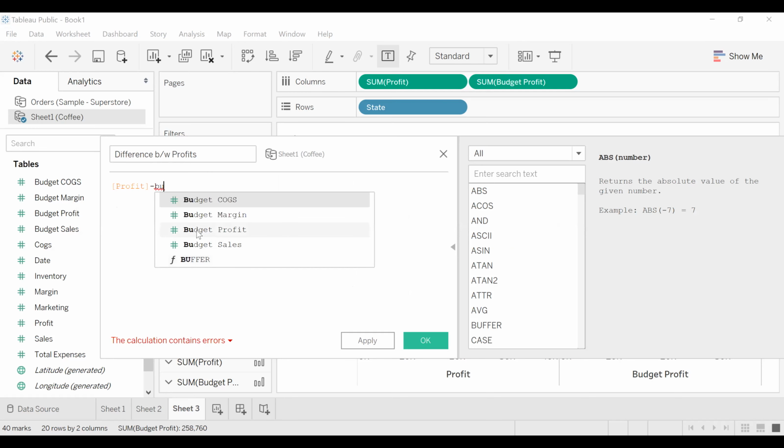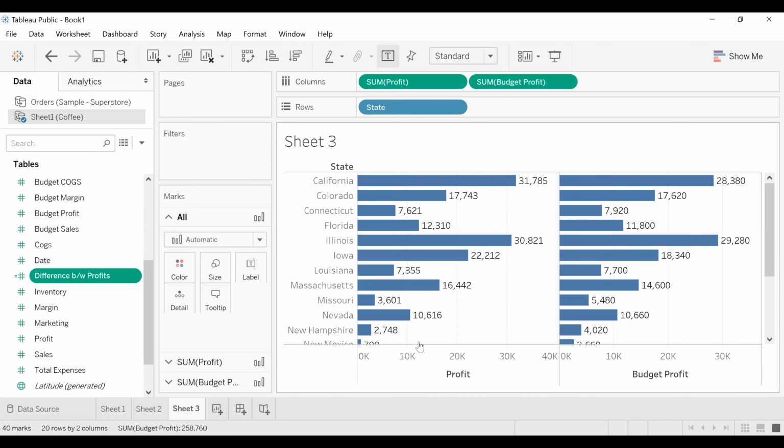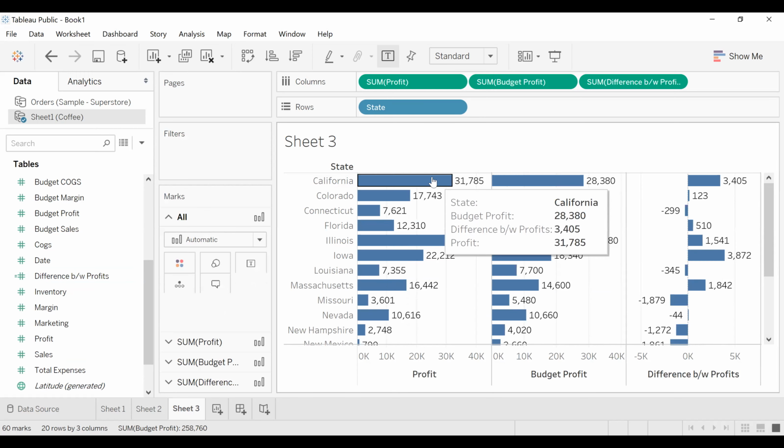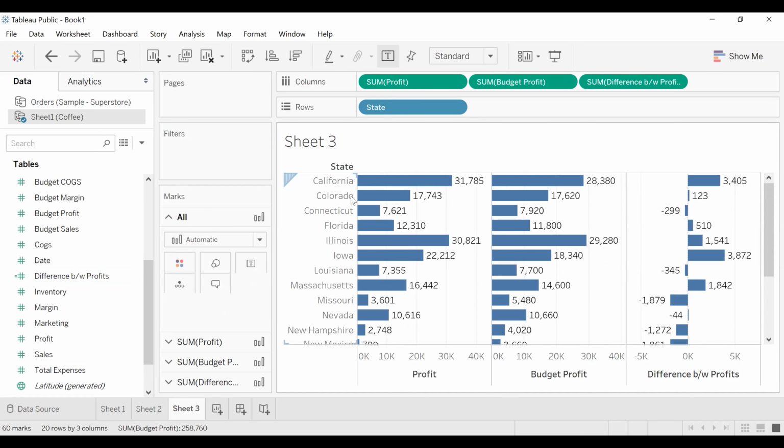So what I'm doing is subtracting the target profit from the actual profit. Suppose for California, my target is 28380, but it exceeded the target, right? It is 31785. So how much did it exceed? I just want to know that. Okay, so I see 3405. So it exceeded by 3405, and this one exceeded by 123. This is negative. Again, this is positive.